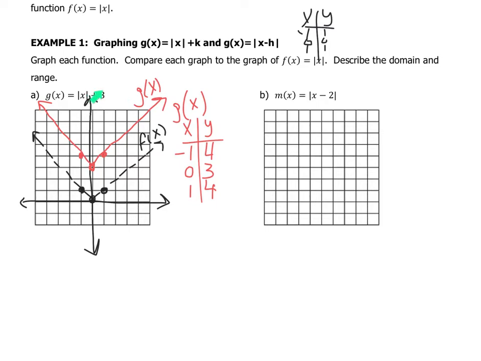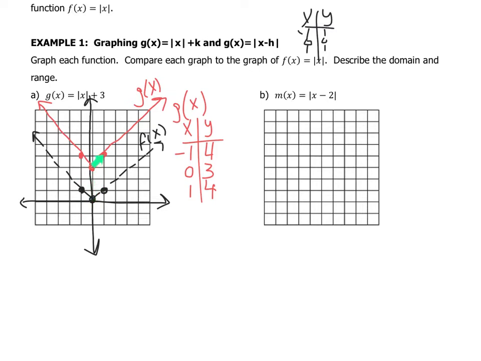So it's important to notice this. This number sitting right out here is basically telling me to take the parent one. So notice the parent one, if I block that with my arrow, there's the parent one, the absolute value of x. If I'm adding 3 on the outside of the absolute value function, what just happened? Well, all of these points got pushed up 3.